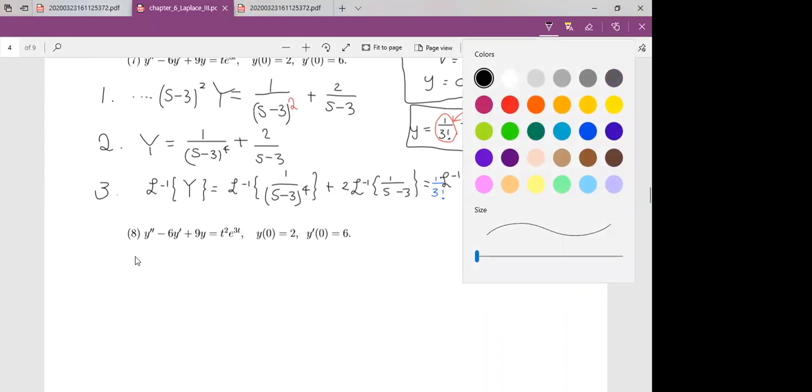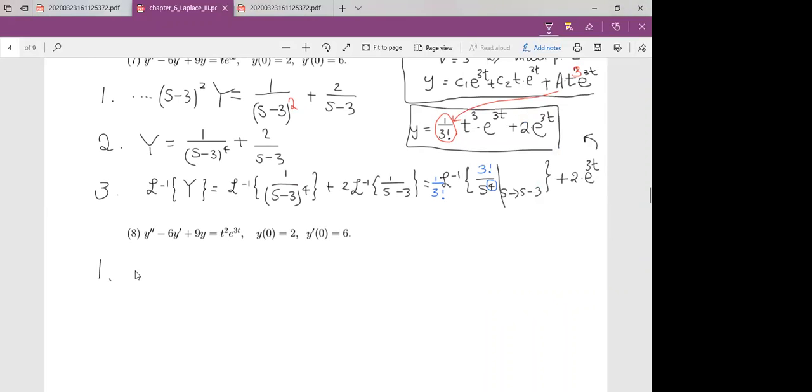If you take the Laplace transform, you will get s minus 3 cubed, sorry, squared, capital Y equals 2 over s minus 3 cubed plus 2 over s minus 3.